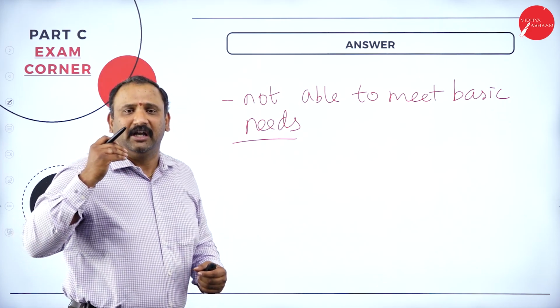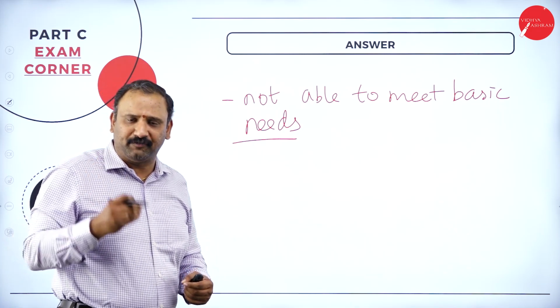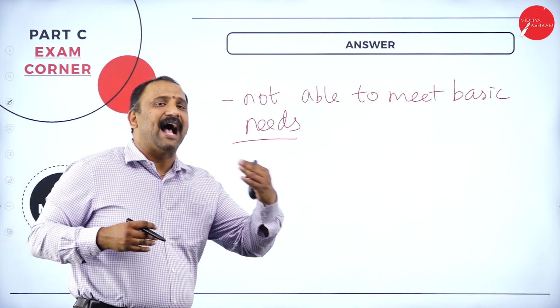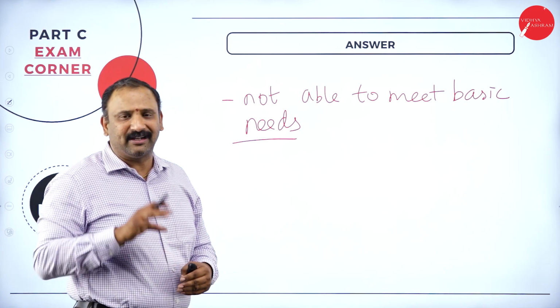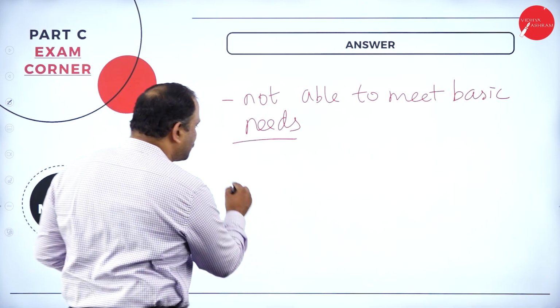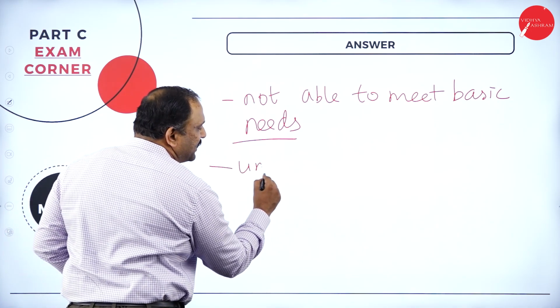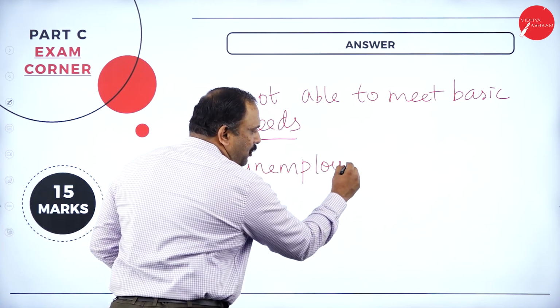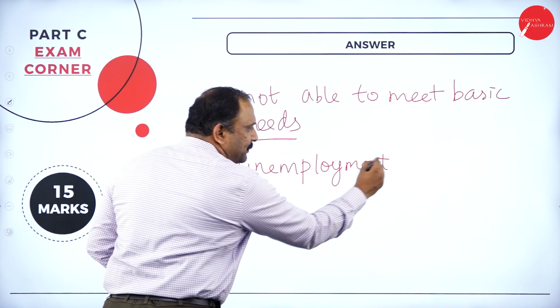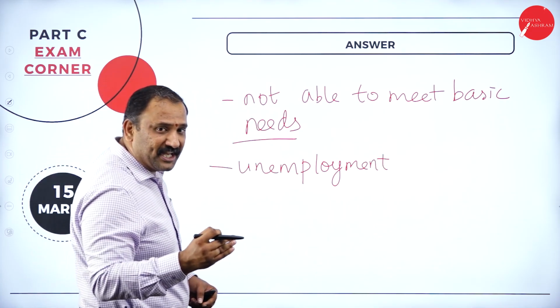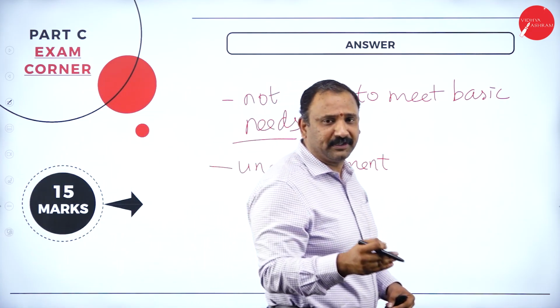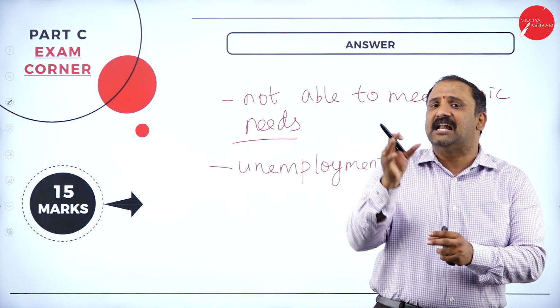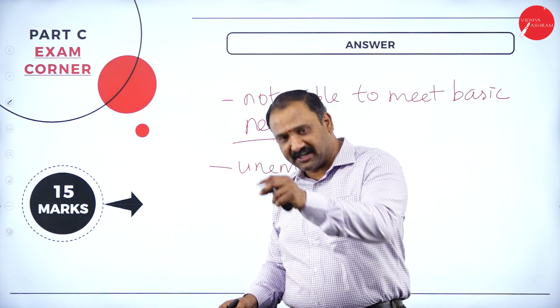They don't have clothing, they don't have food, they don't have any accessibility altogether. And poverty primarily erupts from unemployment. I want you to please pay attention to this particular point, unemployment. Why? Because the majority of nations tend to go into poverty when large-scale unemployment persists in that country.